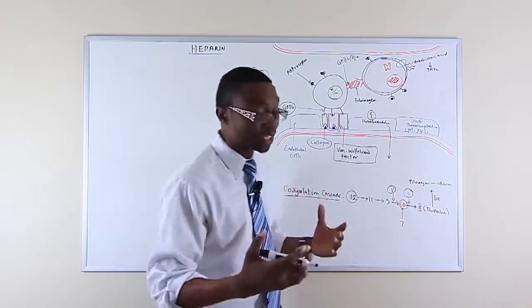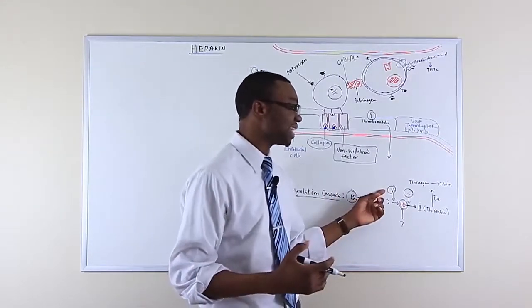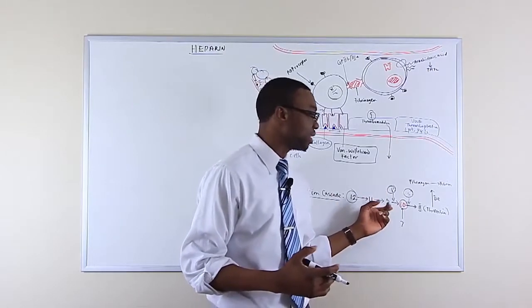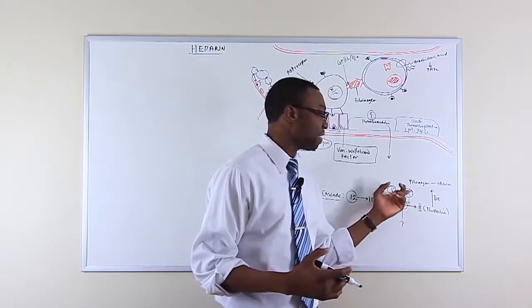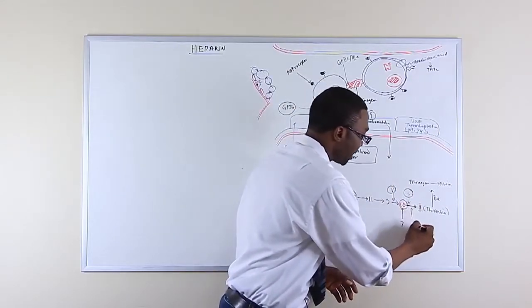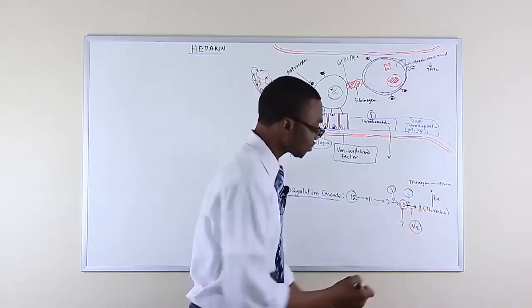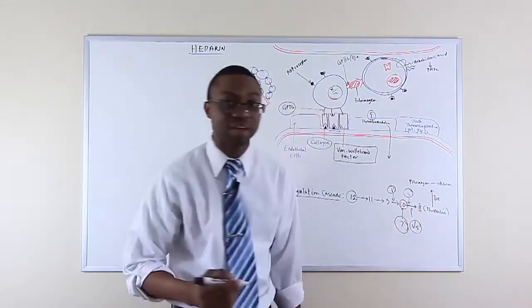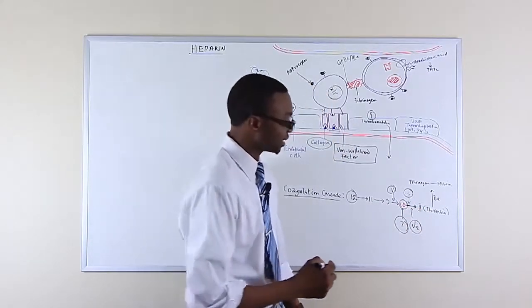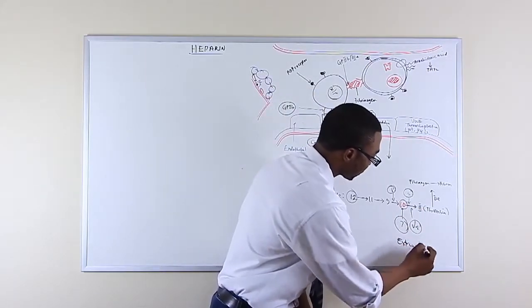Now, in actual reality, these factors have to be activated. For example, factor 8A is going to actually work on this, 9 to convert to 10, and factor 5A, okay, 5A is actually what converts factor 10 to factor 2. As you can see here, there's a number 7 at the bottom of factor 10, that is the extrinsic pathway, okay?